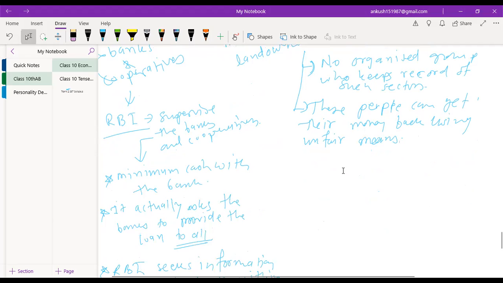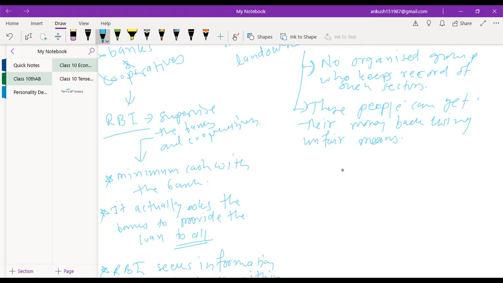Or repay them. Sometimes they snatch the property of such people who have taken loan from them. Sometimes it happens, especially in our country. Or without any knowledge of that particular person, they can auction their property if they keep it with them.